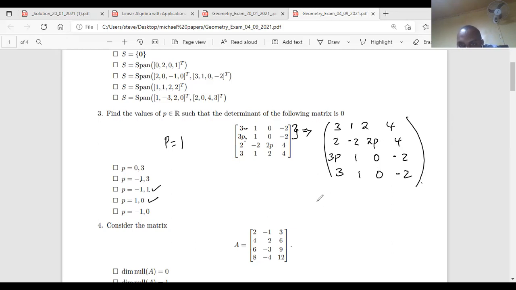Then I could do 2p 0, 0, 3, 2, 3p 3, 1 minus 2, 1, 1, 2, no. And then 4, 4 minus 2, minus 2.